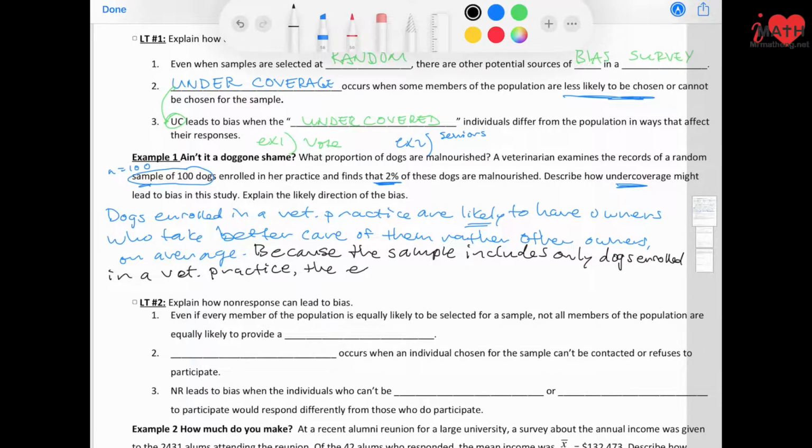The estimate, because we don't know everything about all the dogs, but we're kind of using statistics here, the estimate of the percentage of malnourished dogs is likely to be too low.